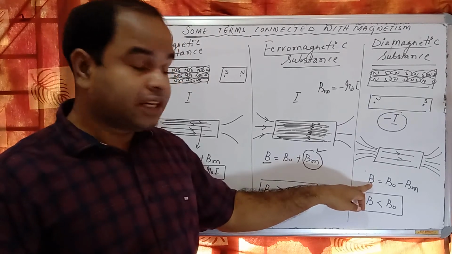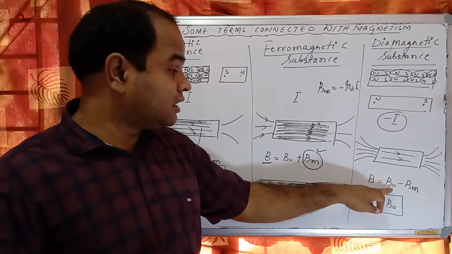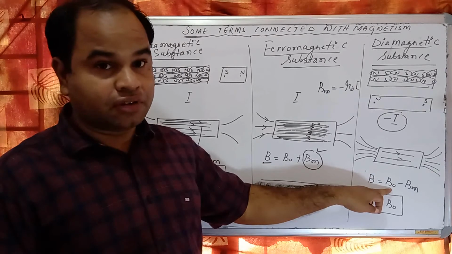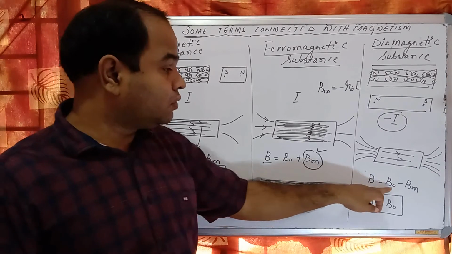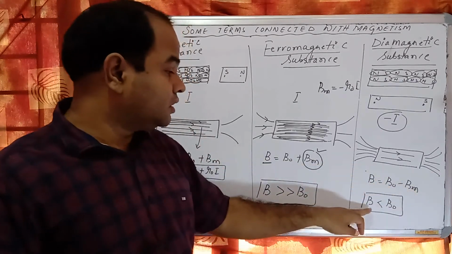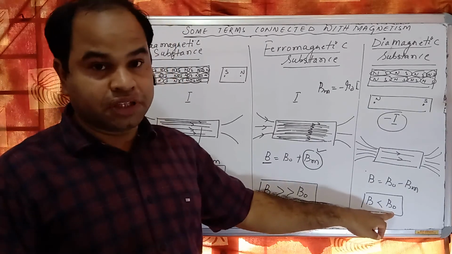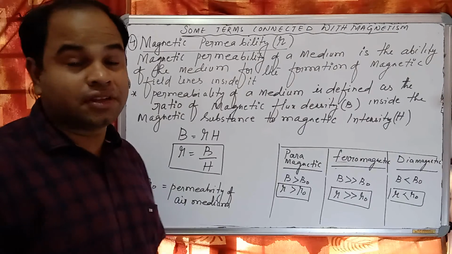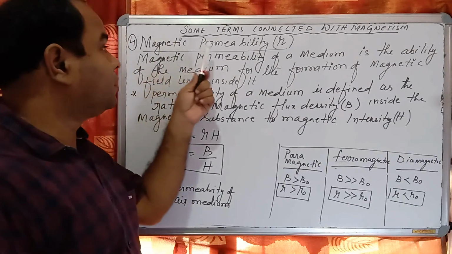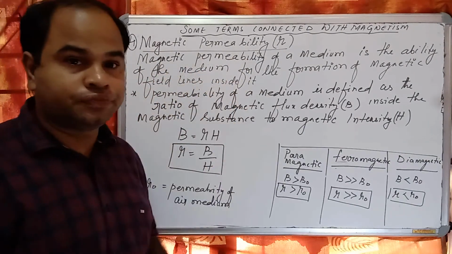This net magnetic field strength is less than the external magnetic field, because B is equal to B naught minus Bm, so we can say this B is less than B naught. The next term is magnetic permeability, that is mu.